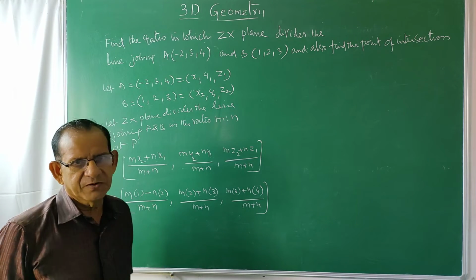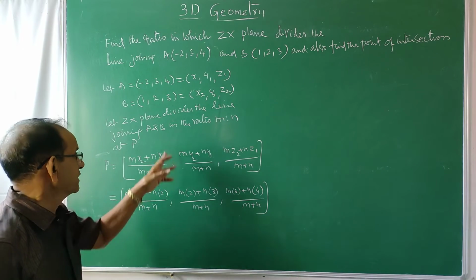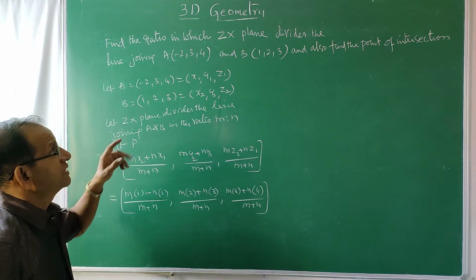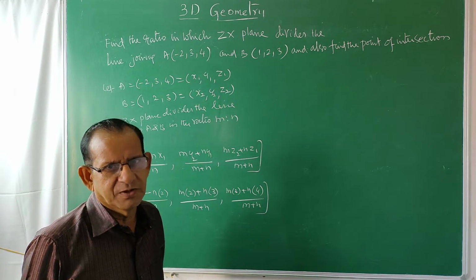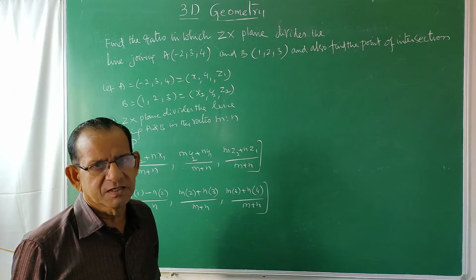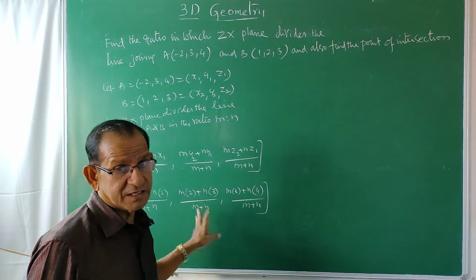Now if you want to find the point where the ZX plane is dividing the line joining A and B: for any point on the ZX plane, the y coordinate is 0. For any point on the xy plane, the z coordinate is 0, like that. So this point must be a point on the ZX plane.